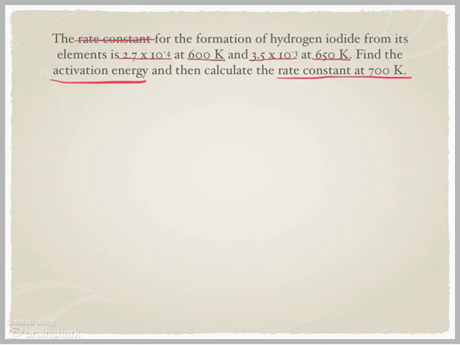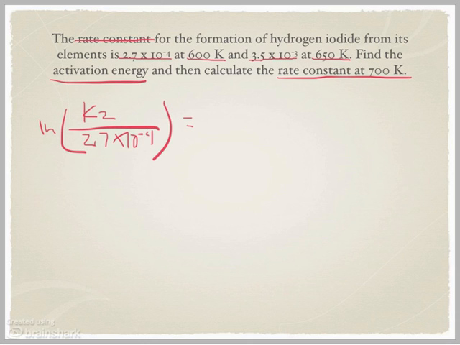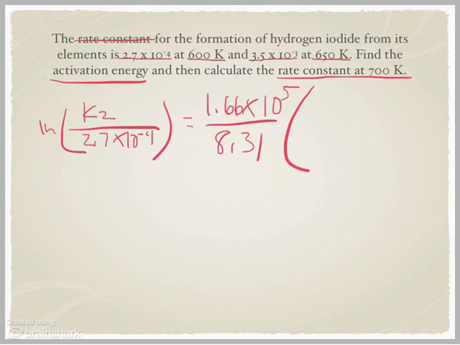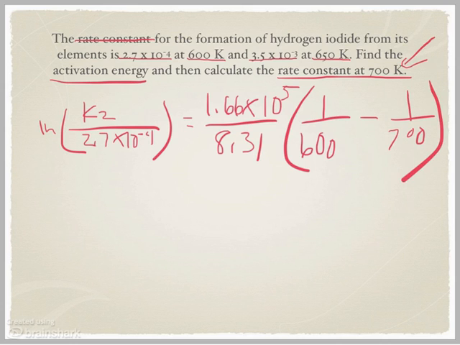You have the natural log of K2, which you don't know, that's what you're looking for, over the initial that you had before, which is 2.7 times 10 to the negative 4, equals the activation energy, which you figured out in the previous calculation, 1.66 times 10 to the 5th, over your constant, which is 8.31, times 1 over 600 minus 1 over 700, the temperature you're trying to get to.